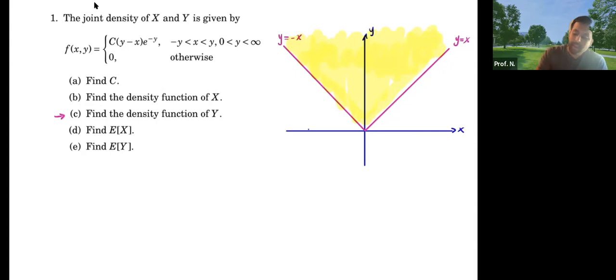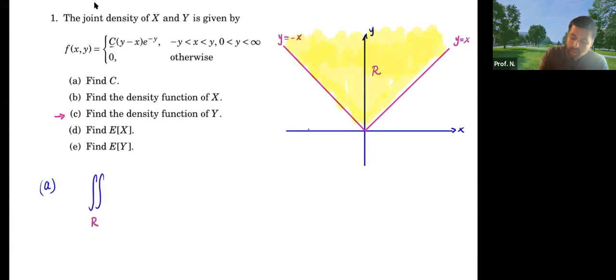Okay. And so now to find a little bit more information about this density function, there's this constant here that I have to figure out. So part A says find C. And how do we find C? We have to integrate the entire thing over the entire region. So let's call this R, right?